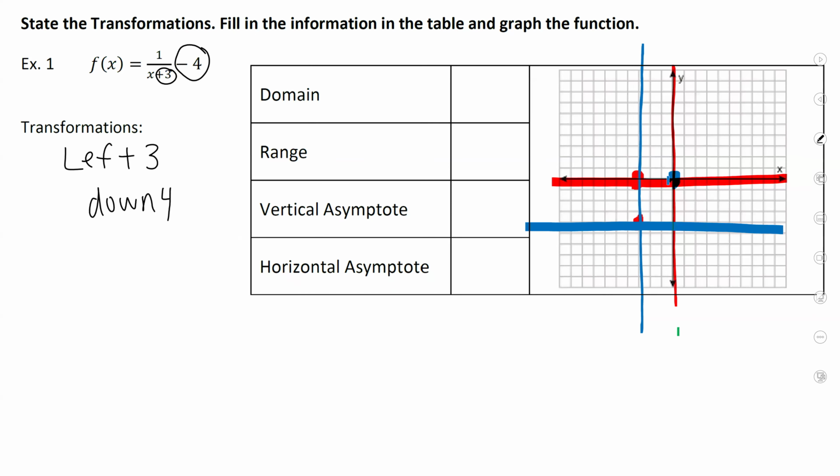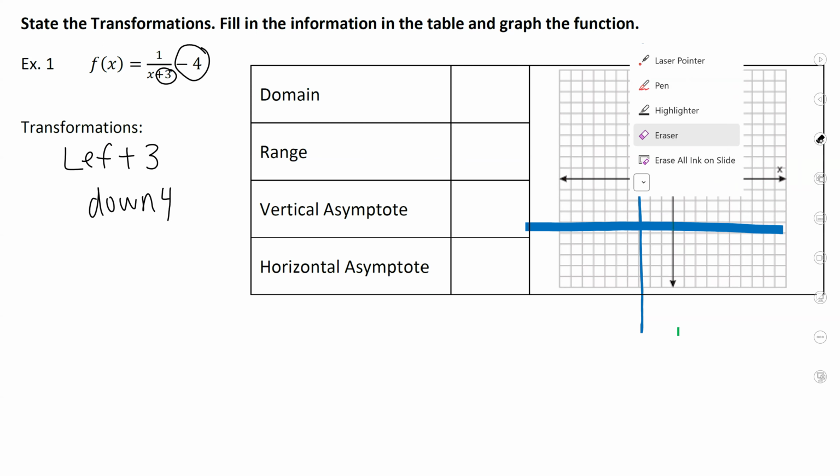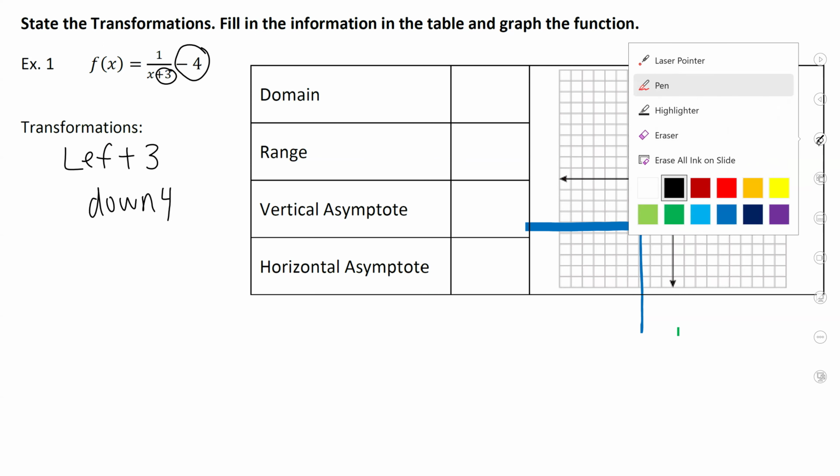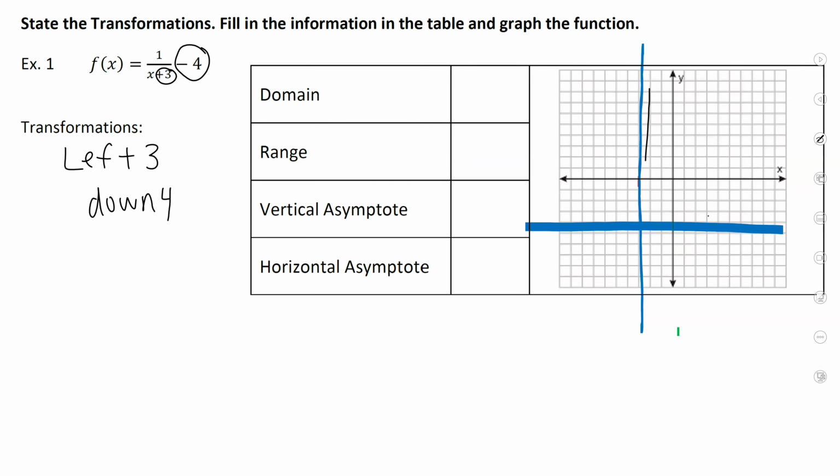Your center moved left 3, down 4. That's your new center. Does that make sense, guys? Okay. So this is where we are now. Okay, we went left 3, down 4. Okay, and your graph will just look the same. It'll always look like this. A curve up here and a curve in the third quadrant.